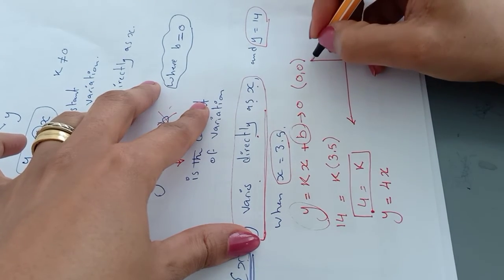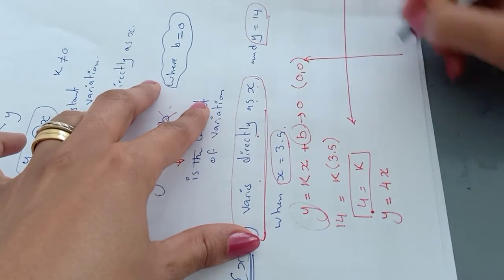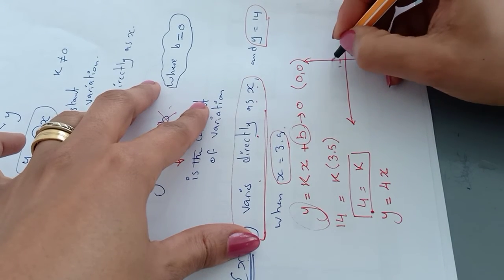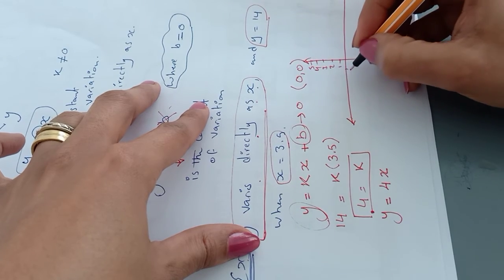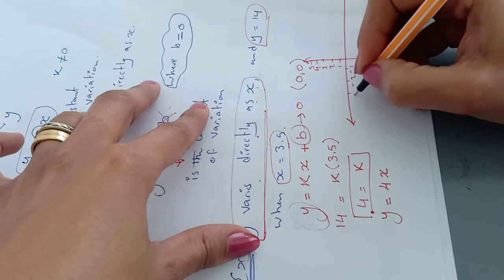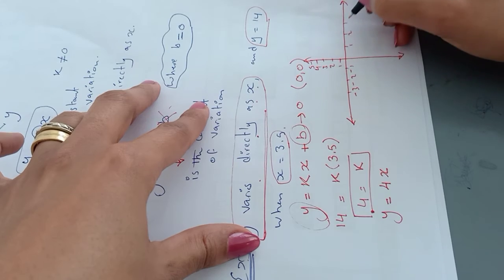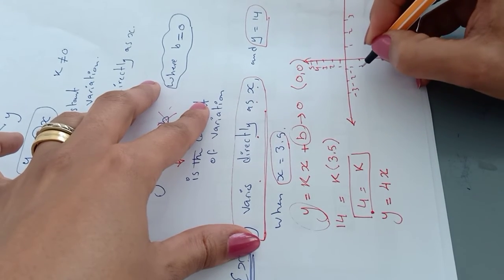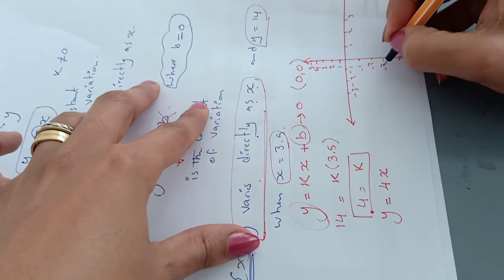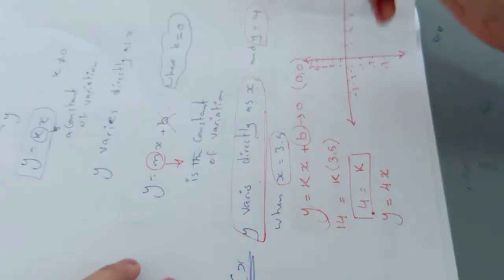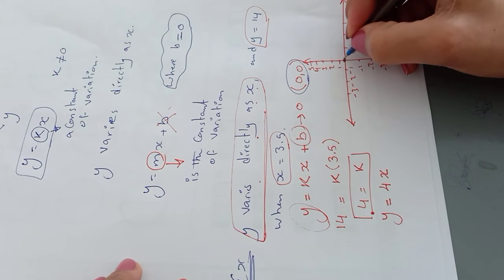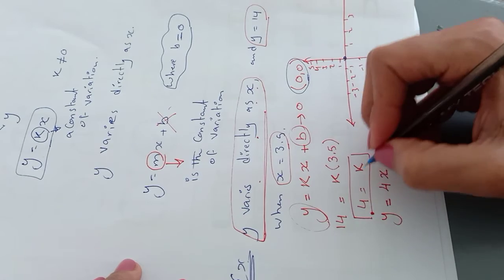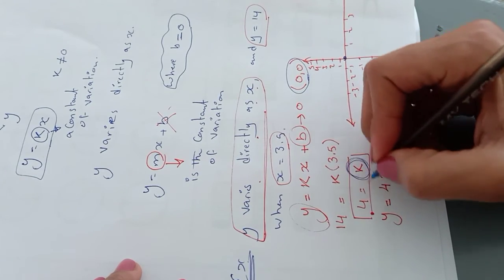So if we form the graph, with the axes marked 1, 2, 3, 4, 5 and negative 1, negative 2, negative 3. Let's start with the first point, according to the y-intercept, (0, 0). And the slope, we said, is the value of k.